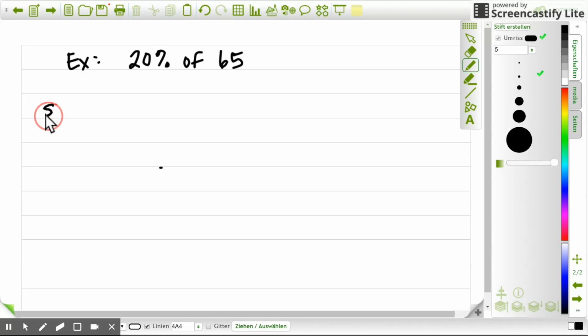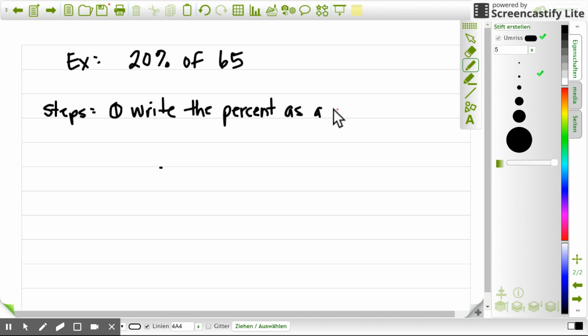Okay, our steps are to first write the percent as a rate, or write it as a fraction. That's what that really means, over 100. Okay, just like we did in the examples above.